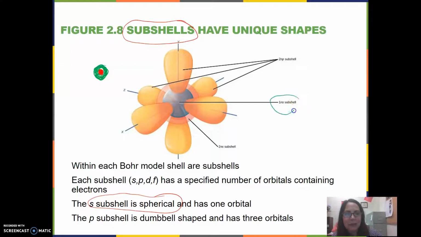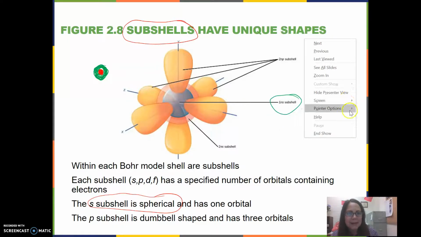In this diagram, they call it the 1N. 1N means it's the first energy level and the S subshell. And the S subshell just means it's a spherical region around the nucleus where the first 2 electrons are likely to be located.